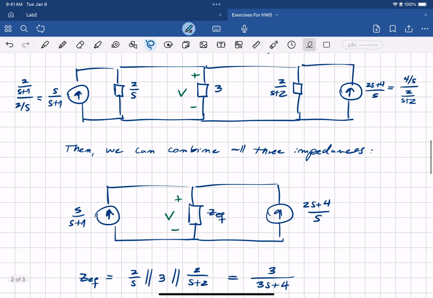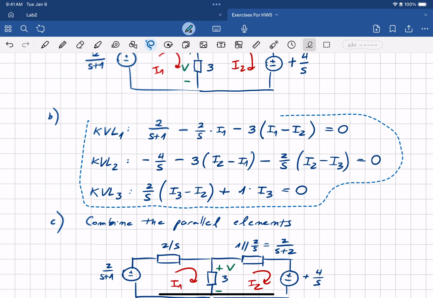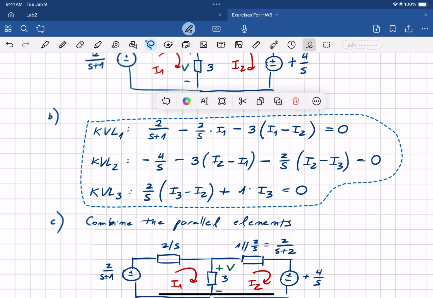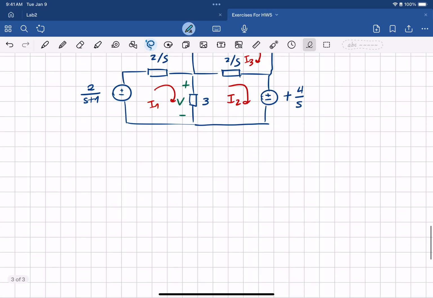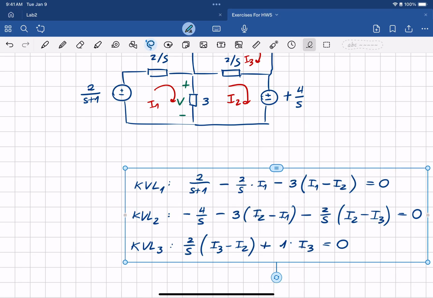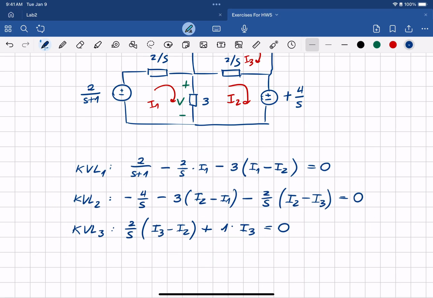The difference now is that we're gonna write them down in terms of that voltage V. That's the only difference. So actually we're gonna copy paste here, and we're gonna say, okay, where is V here? Since these are KVL, some of this voltage are gonna be actually those V.